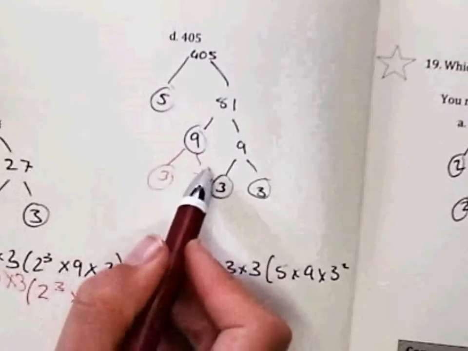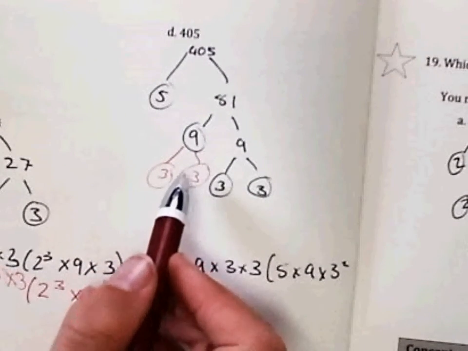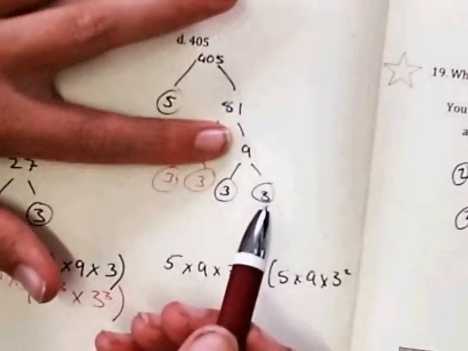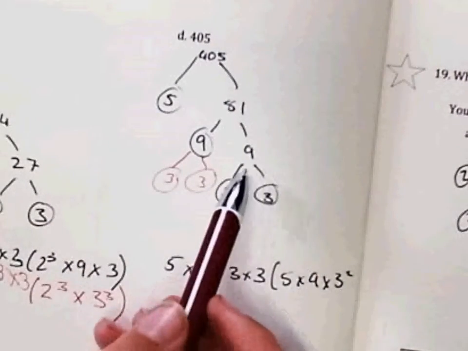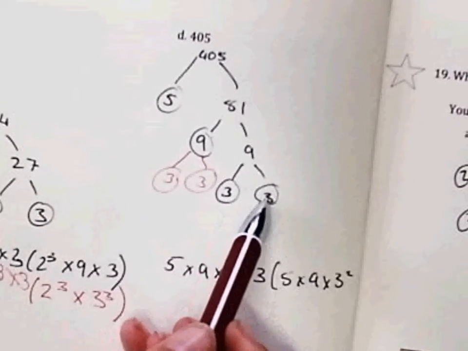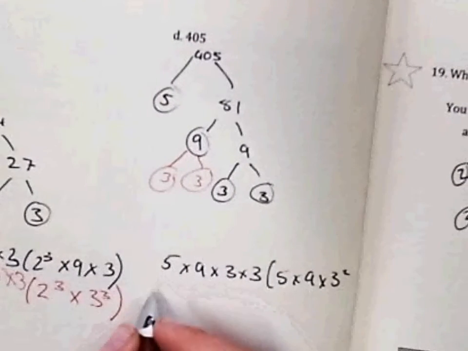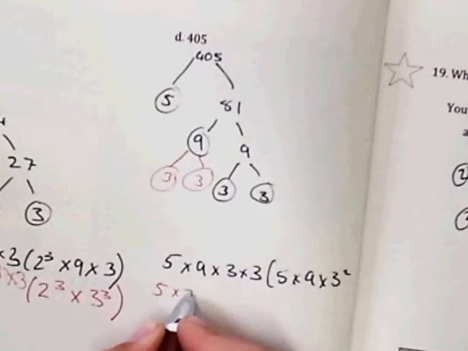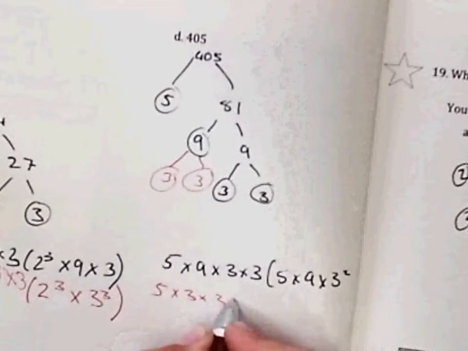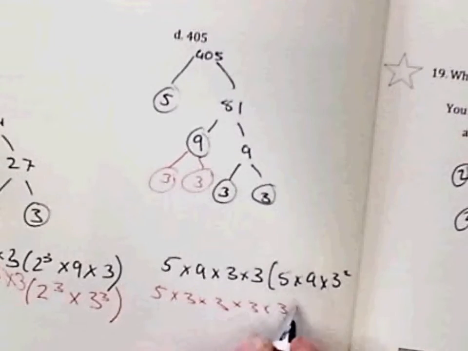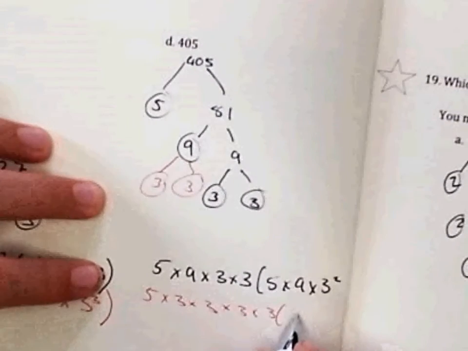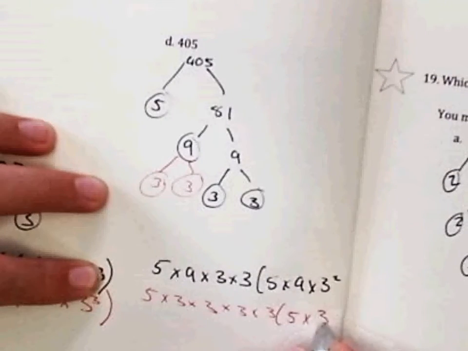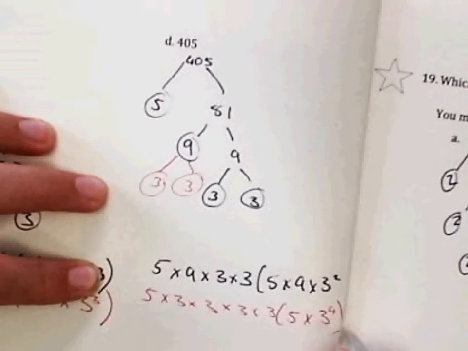So then you can also circle them because now they're prime numbers, but this one isn't a prime number, so don't look at that. And here as well you could do 3 and 3. So then you can write it as 5 times 3 times 3 times 3 times 3. We can also write it as 5 times 3 to the power of 4.